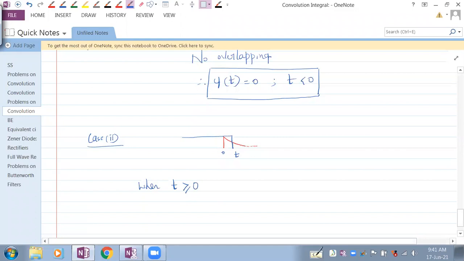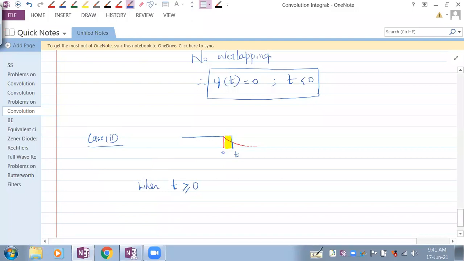When t is greater than or equal to 0, see the range where it is getting overlapped. Understand that, everybody? So where is the overlapping range? 0 to t.